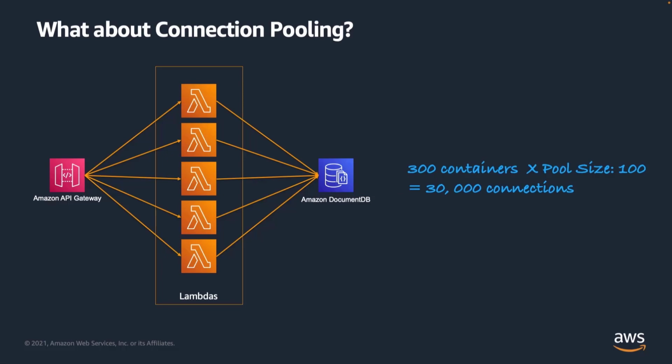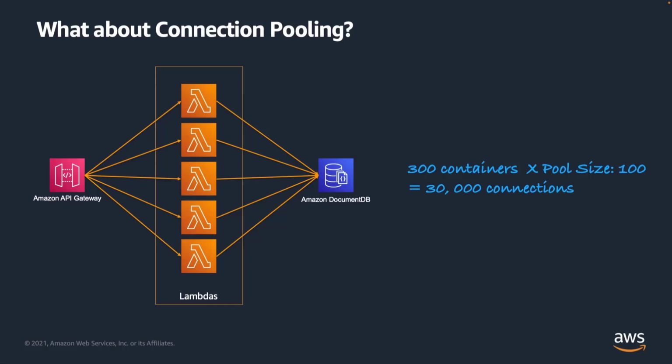Now, it is okay to create connection pools in Lambda, since we're talking about connection pools here, as long as you understand your Lambda concurrency requirement. There's always a potential of Lambda kicking up too many containers behind the scenes, which can create multiples of connection pools.